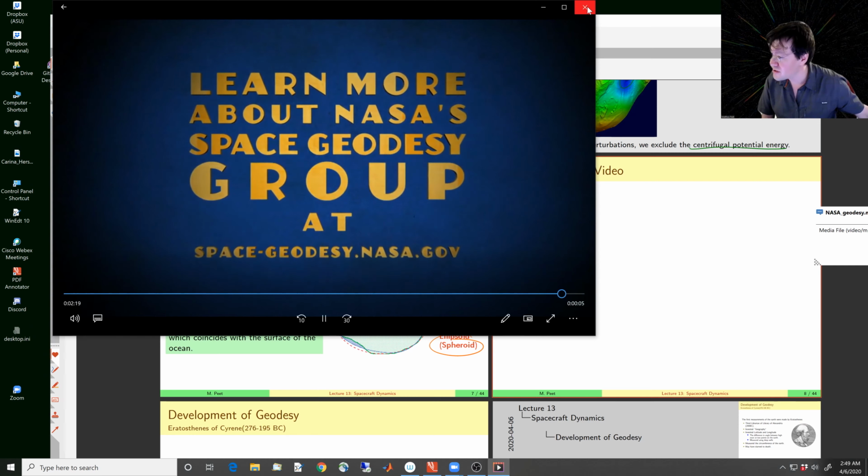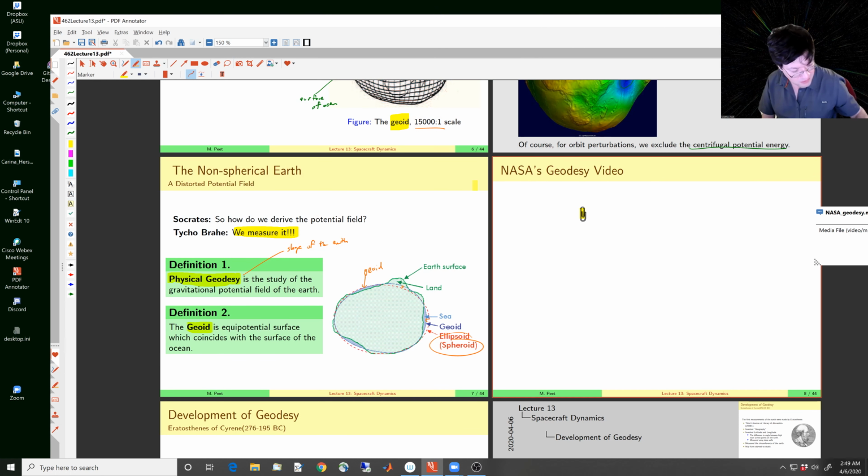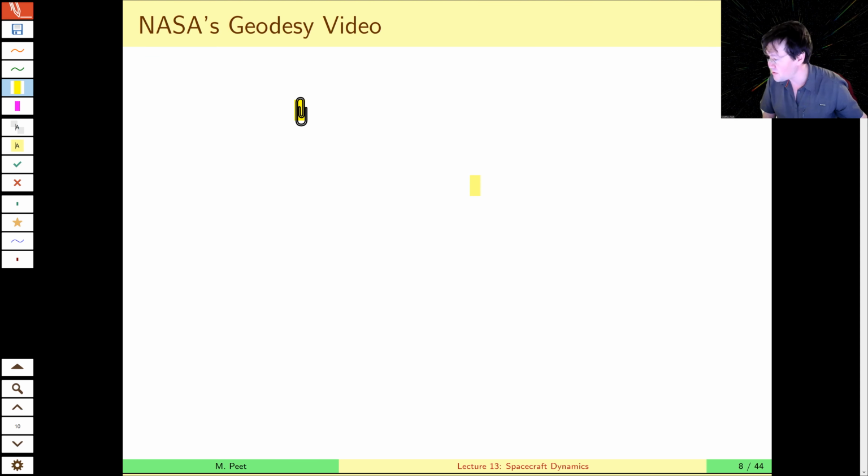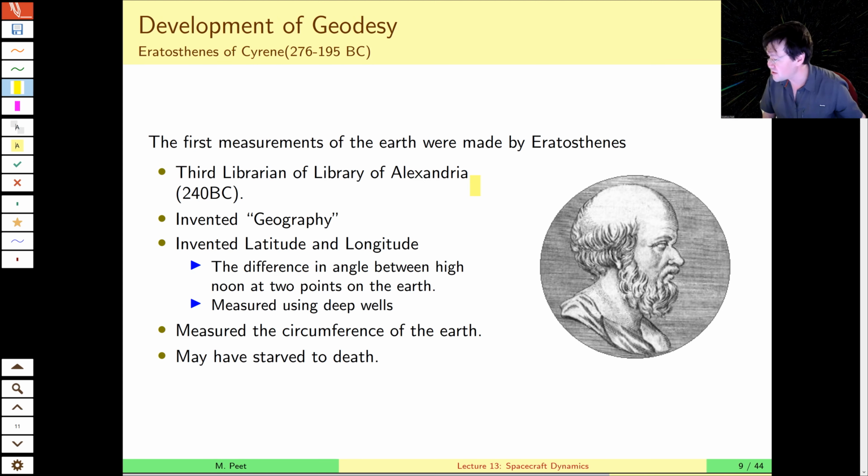So physical geodesy, the mapping of the Earth, but more important for us, the mapping of the gravitational potential field of the Earth. So it was another attempt to make this a little bit more enjoyable. A brief mention, shout out to the first geodetic surveyor, which would have been Eratosthenes.